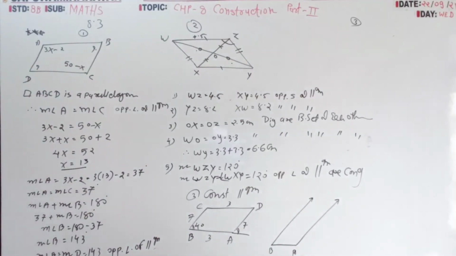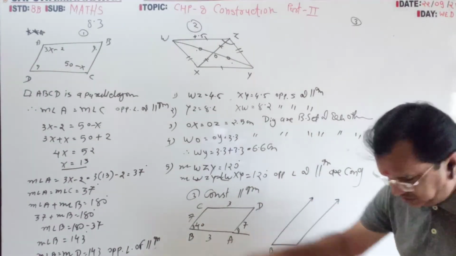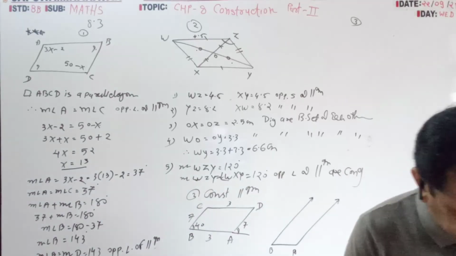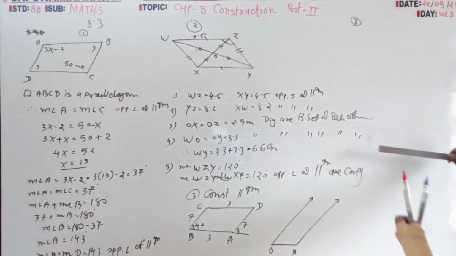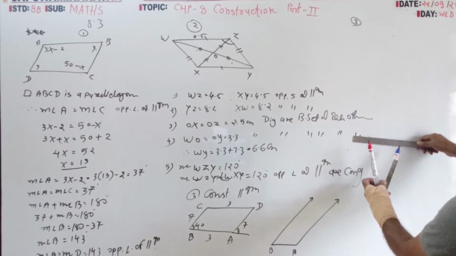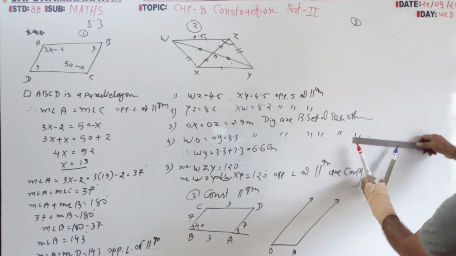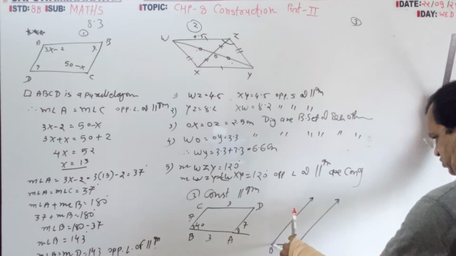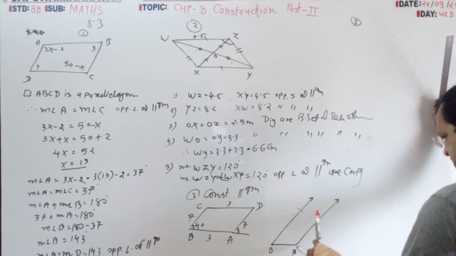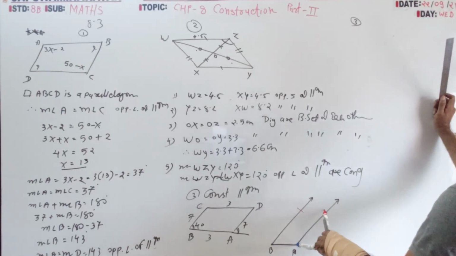Now 7. This side is 7. This is 7. So from here I'll cut. From here I'll cut.